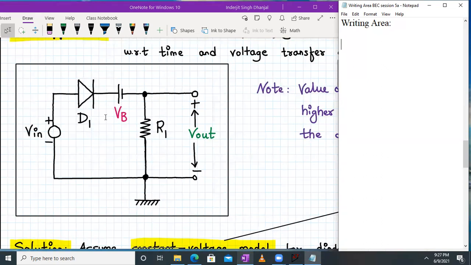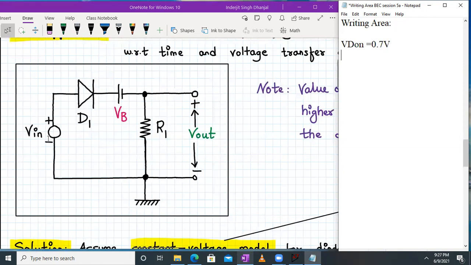So let me ask you a question. Will this VB be assisting D1 to turn on, or will it be opposing D1 from turning on? What is your answer? By the way, VD on will be around 0.7 volts using the constant voltage model. Okay, so for this VB, the positive terminal is connected to the cathode. So actually it will be opposing the diode D1 from turning on during the positive half cycle.